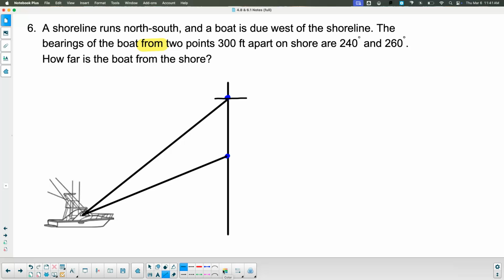So that means this is the 240 degree bearing, and this is the 260 degree bearing. So this angle here is 240, and this angle here is 260.